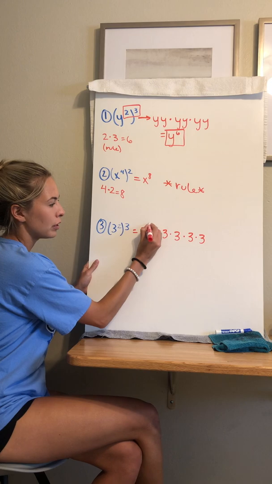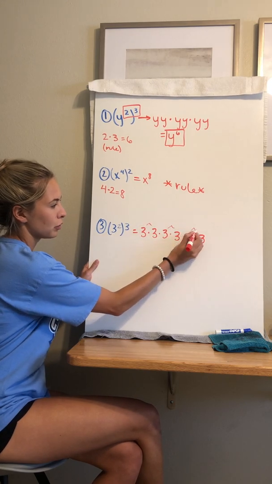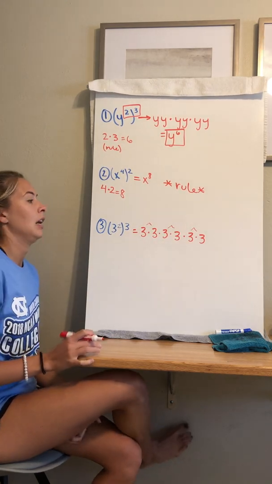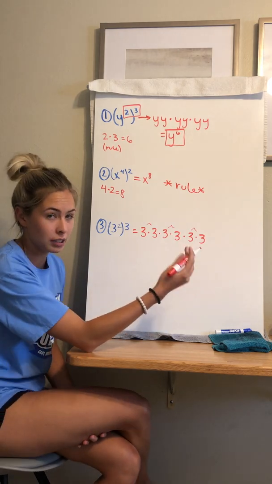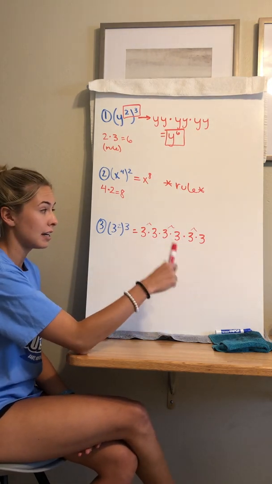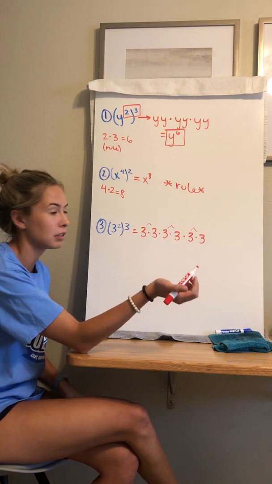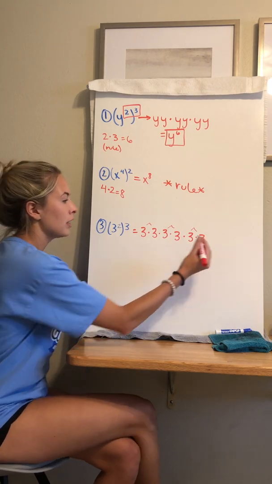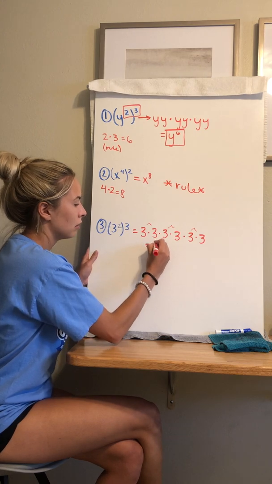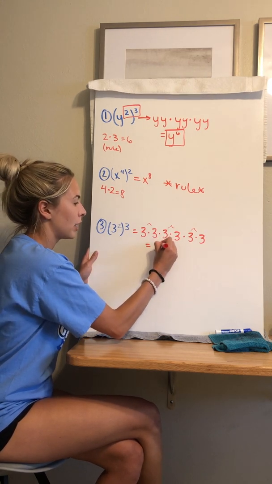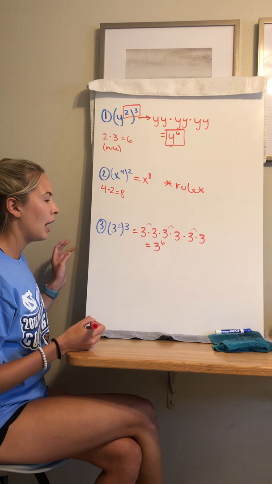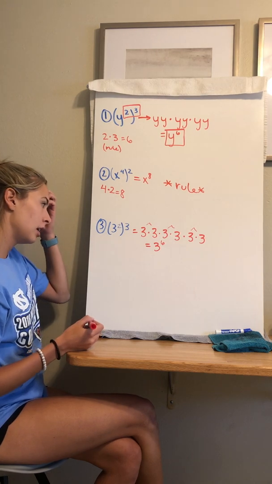We have 3 squared times 3 squared times 3 squared. I would hate to do this personally all the time, whether it's a number or a variable. So that's why we use exponents. It just makes our life a ton easier. So this becomes 3 being multiplied together 6 times, so our exponent is 6. So 3 to the 6th.